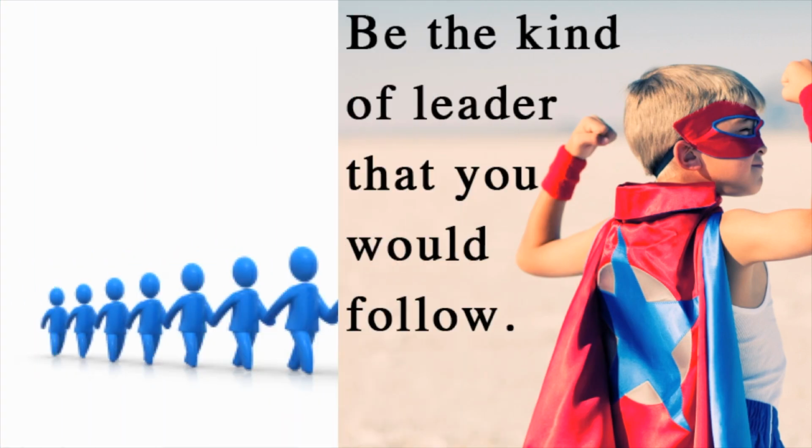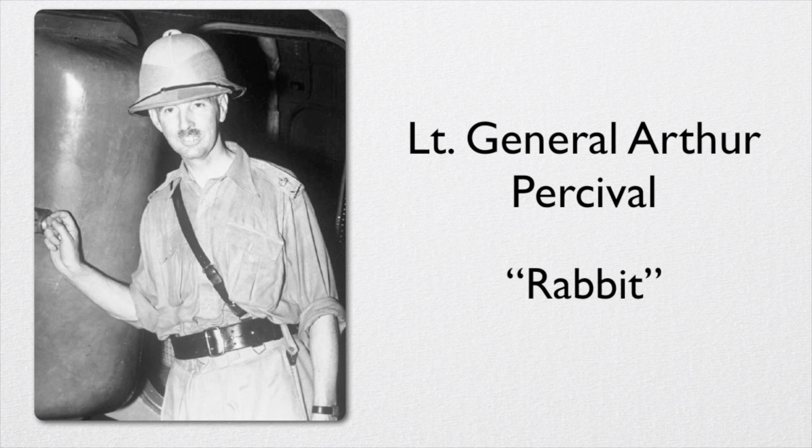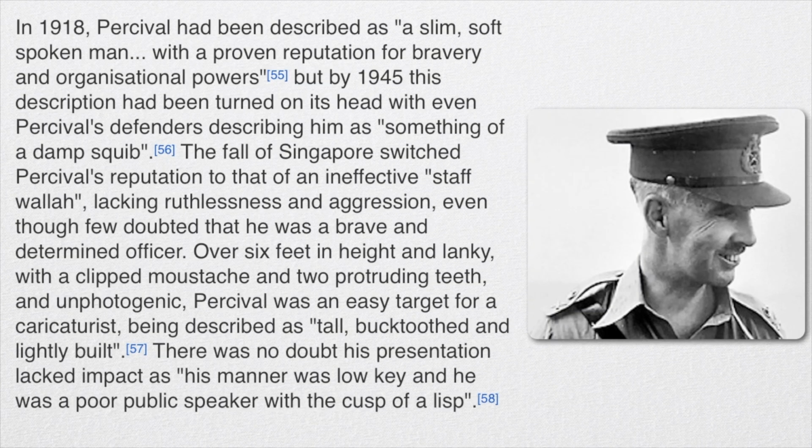So let's talk about facial aesthetics a little bit and how important being a leader is, and let's apply that to an actual person. I like to use this person as an example. He's a British general by the name of Arthur Percival, also known as Rabbit for rather obvious reasons. He is the person, by the way, who surrendered the British forces in Singapore to the Japanese.